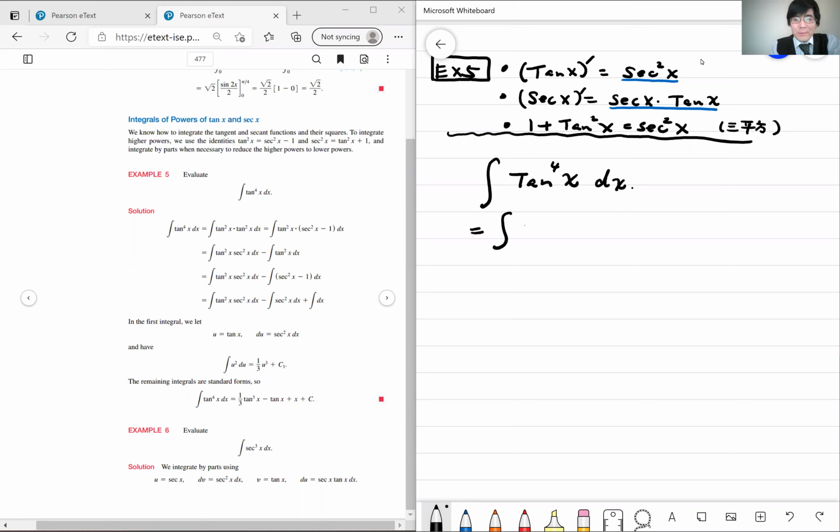Okay. First of all, let's rewrite this one as tangent square times tangent square. Even is always not easy. Now, tangent square using this Pythagorean formula, you can change into secant.